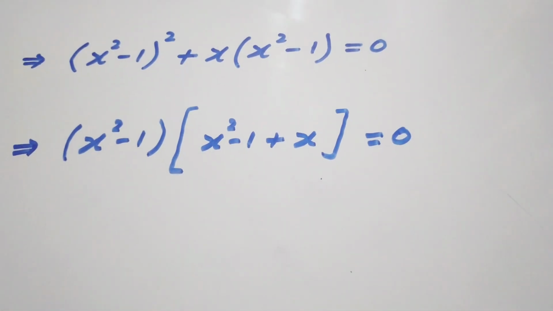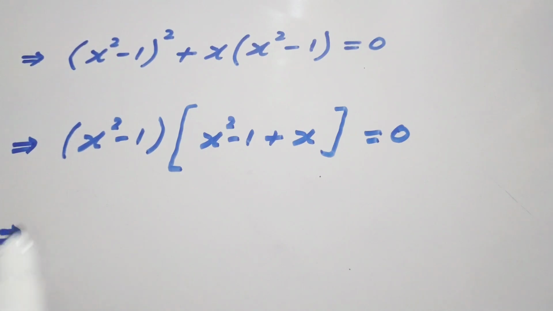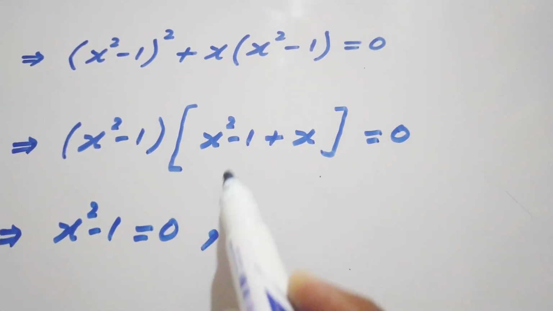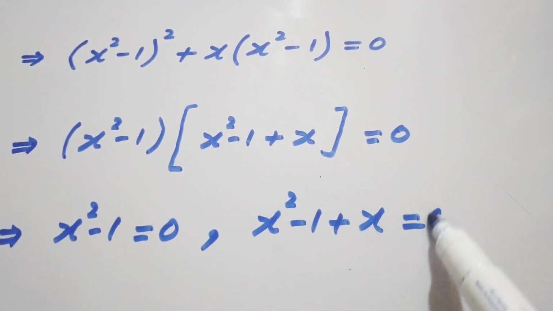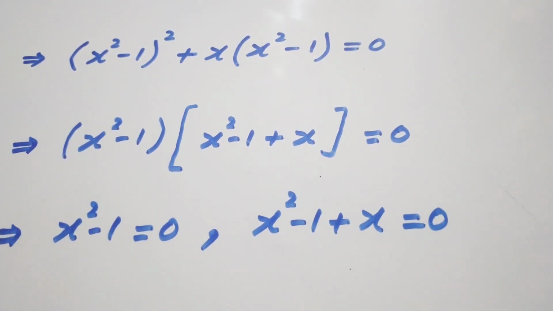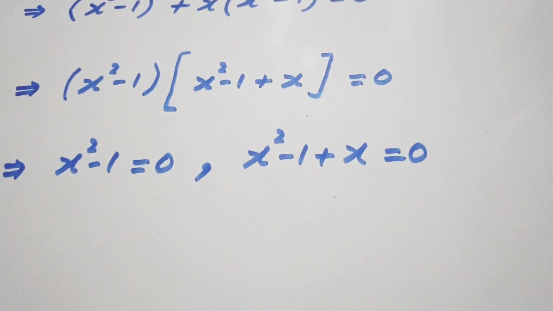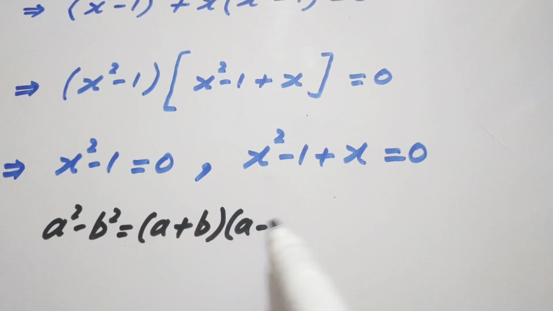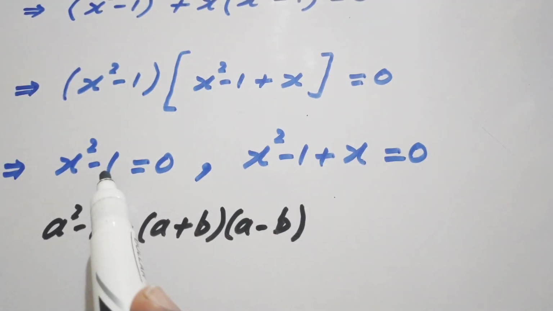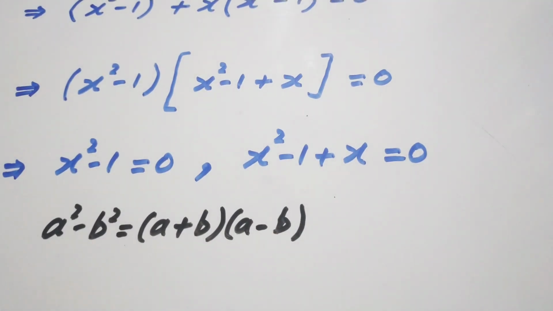Now by using zero product rule we get x squared minus 1 is equal to 0 and x squared minus 1 plus x is equal to 0. Now here we can apply an algebraic identity, a squared minus b squared is equal to (a plus b) into (a minus b), because here 1 squared is equal to 1.